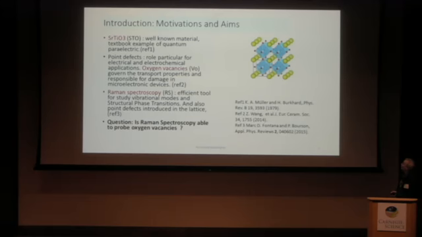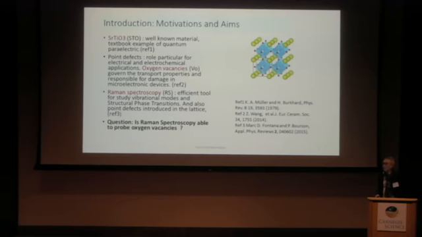So, 3 keywords in my talk: strontium titanate, example of antiferrodistorsive phase transition and quantum ferroelectric; oxygen vacancies, which are very important for application concerning, especially for electrochemical and electrical damage.